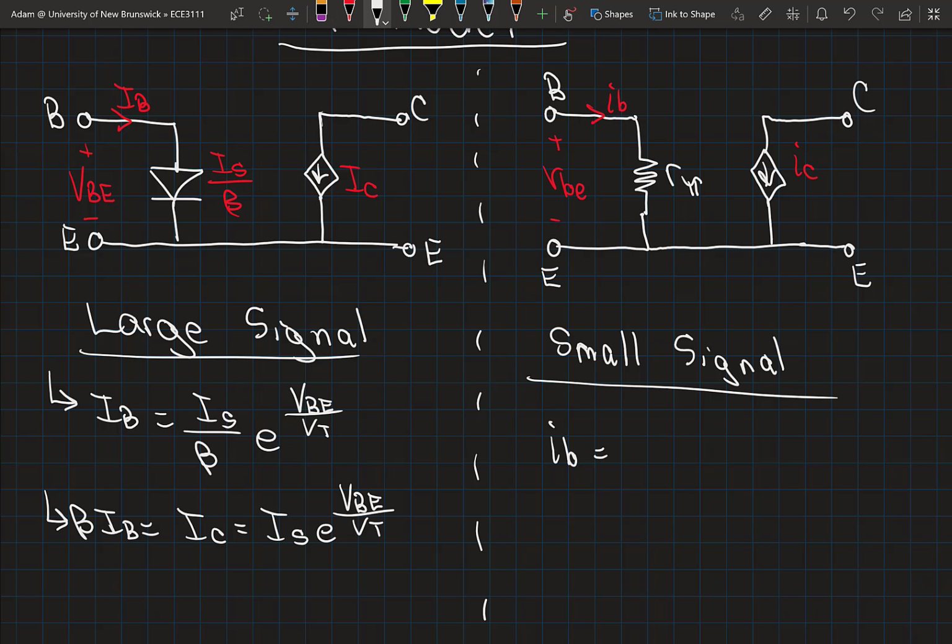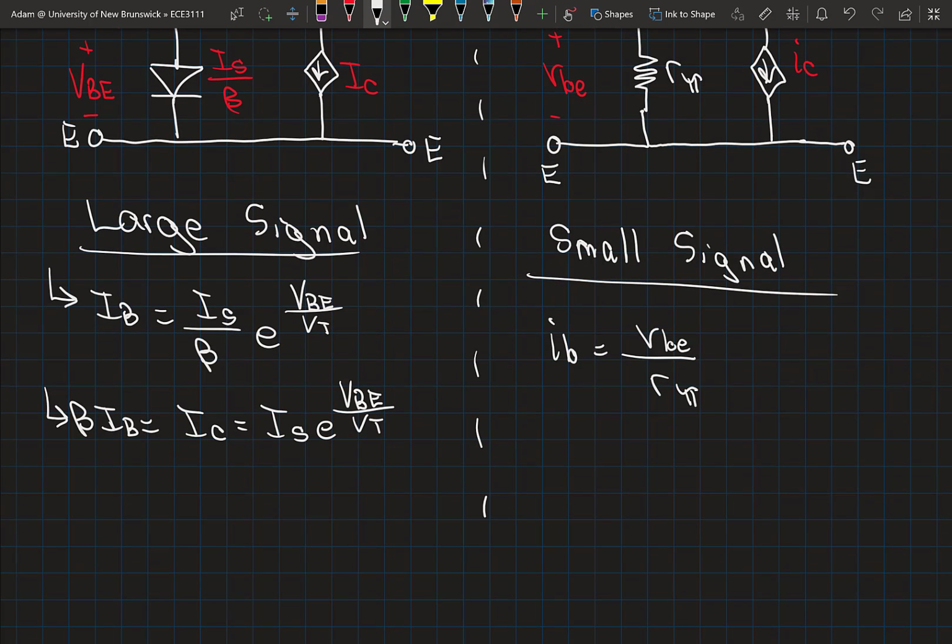So that base current is simply equal to the base to emitter voltage divided by that base resistance R pi. Just like we did in the last case, I can rearrange this in terms of R pi, showing that it's equal to VBE over IB.